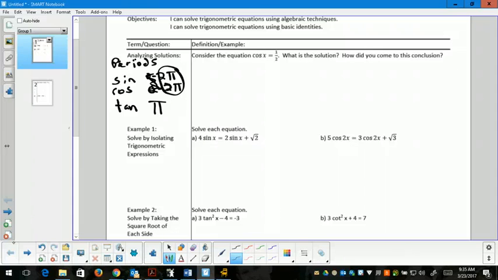Now, unlike regular inverses where I just asked you to evaluate sine inverse of square root of 2 over 2, or cosine inverse of square root of 3 over 2, or tangent inverse of 1, where we had to restrict the domain so that there would only be one output, we're looking at it as a function. We're going to be talking about our unit circle. We're going to try to stay within the unit circle.